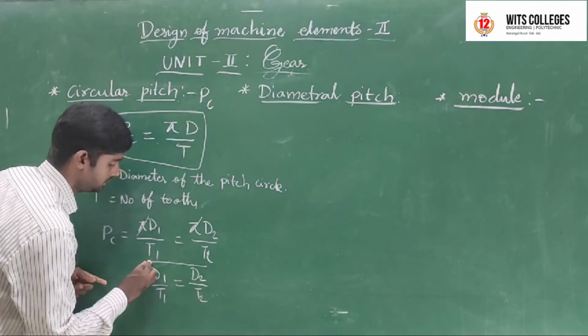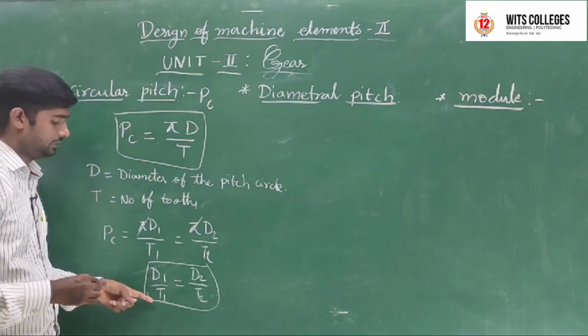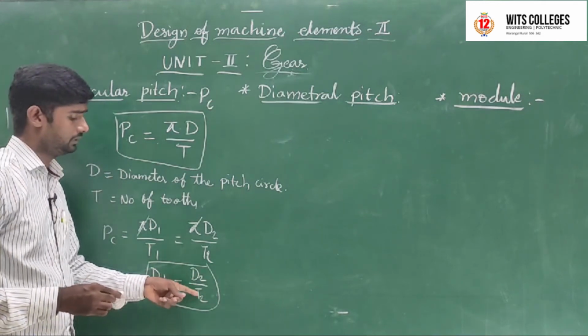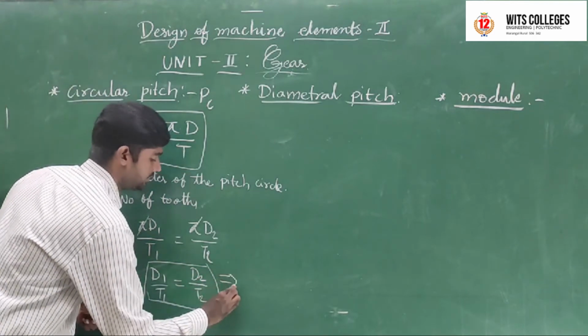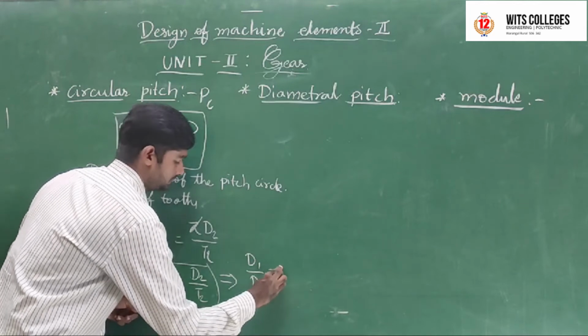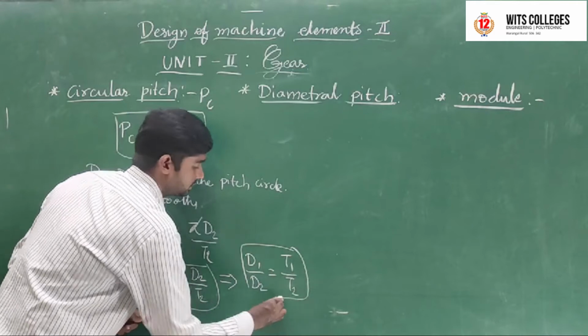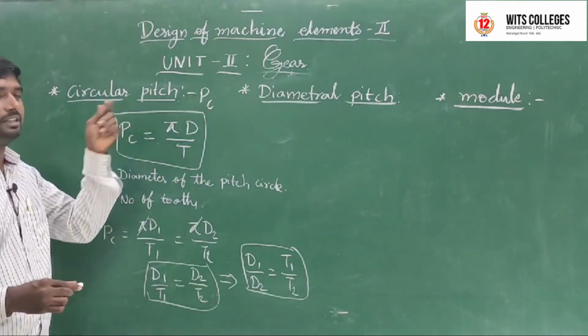This is one of the equations. Using this equation, d1 by d2 is equal to t1 by t2. This is also one of the equations. Okay, this is the circular pitch.